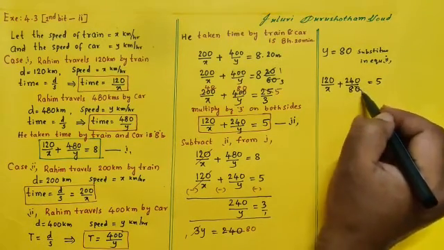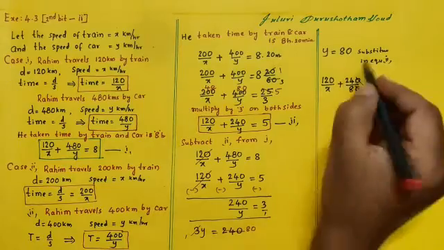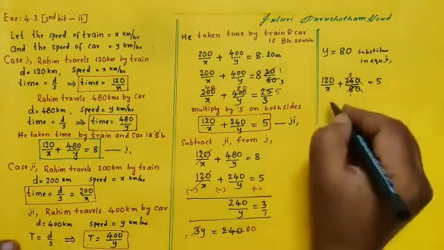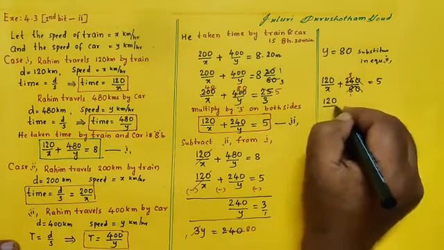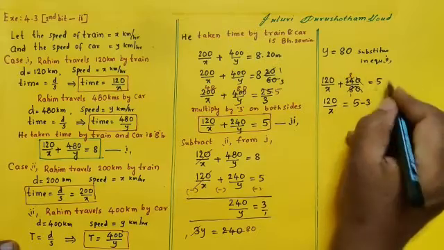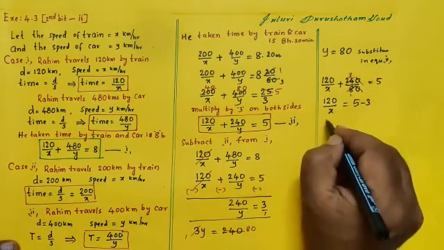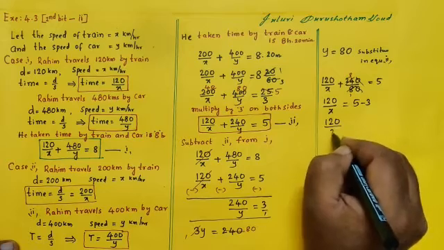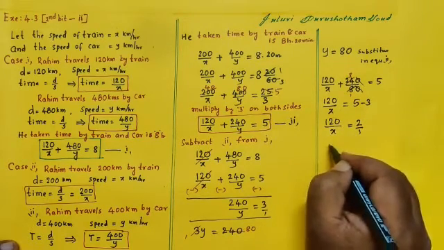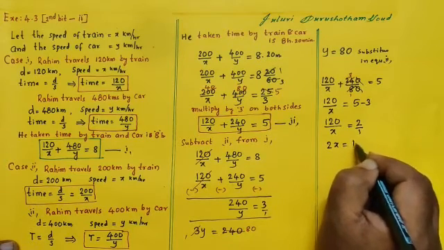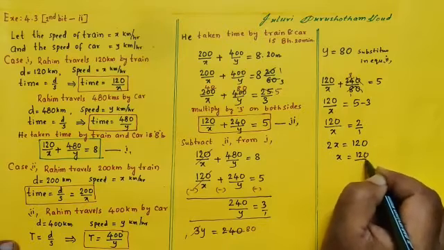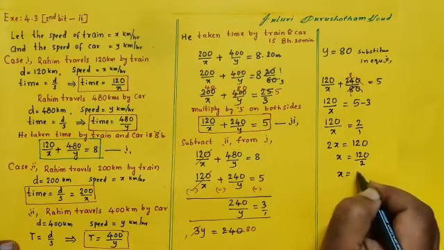Here 0 and 0 cancel, 8 ones are 8, 8 3s are 24, so 240 by 80 is 3. So 120 by x is equal to 5 minus 3, that is 2. Cross multiplying, 2x is equal to 120. Then x is equal to 120 by 2, so x is equal to 60.